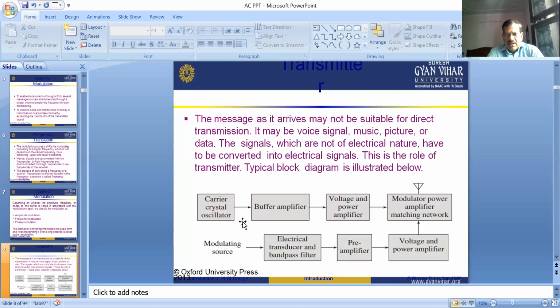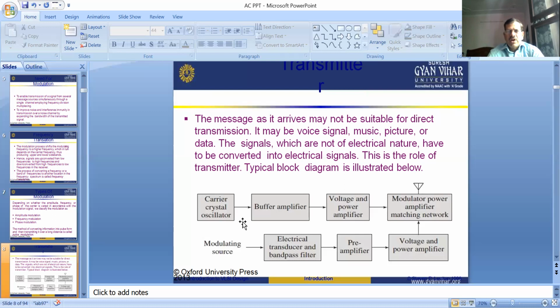So there are basically two signals, the modulating signal and the carrier signal. Both signals are superimposed on each other, and after this modulation process the signal is transmitted to the receiver end. At the receiver system the reverse process is performed.